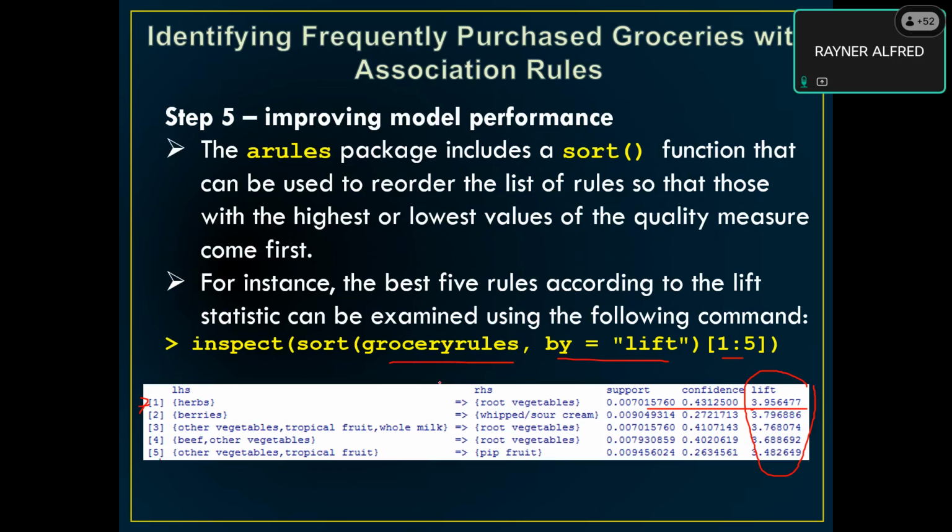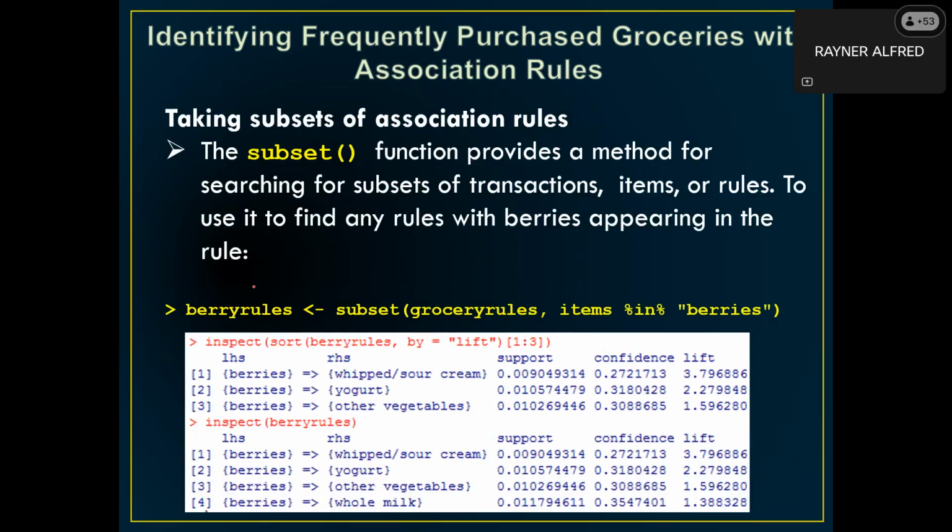We can also focus on a certain item. For example, here we are looking at the rules, but we just want to see berries. So we can extract these rules and store them in the berry rules.